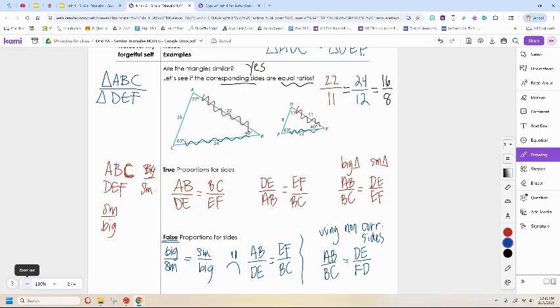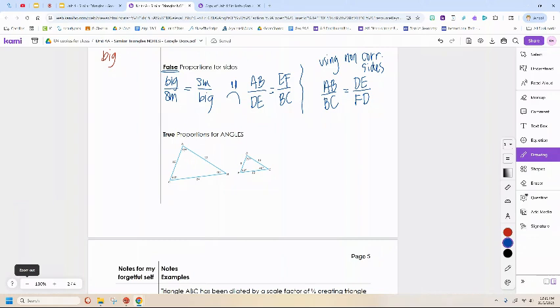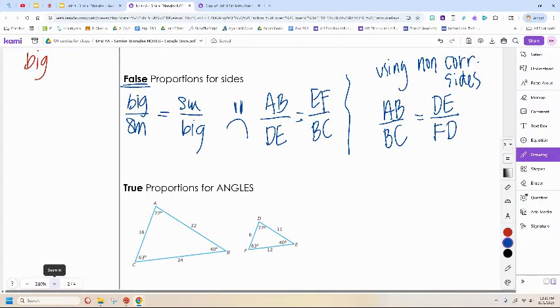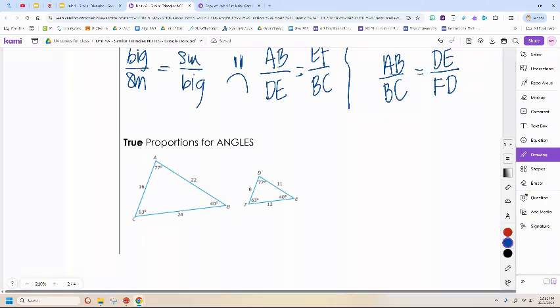Woo! All right. So now the last thing we might have, which is kind of silly, is they might write proportions for angles, which are like, what? Because it really doesn't make sense, because corresponding angles are congruent. We talked about that yesterday, right?